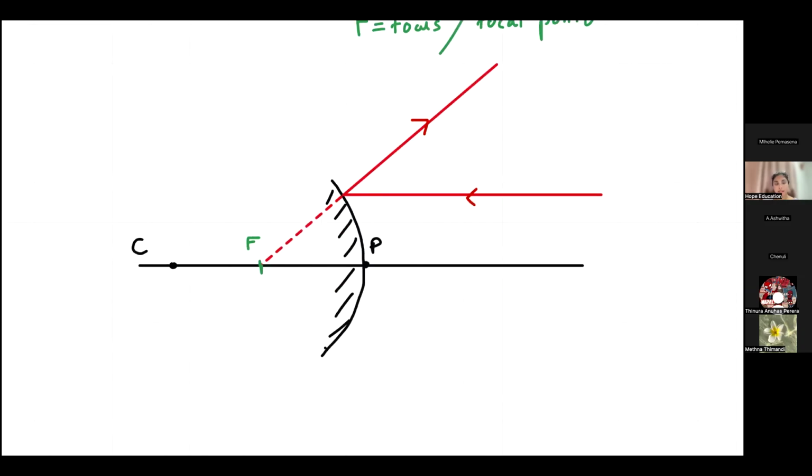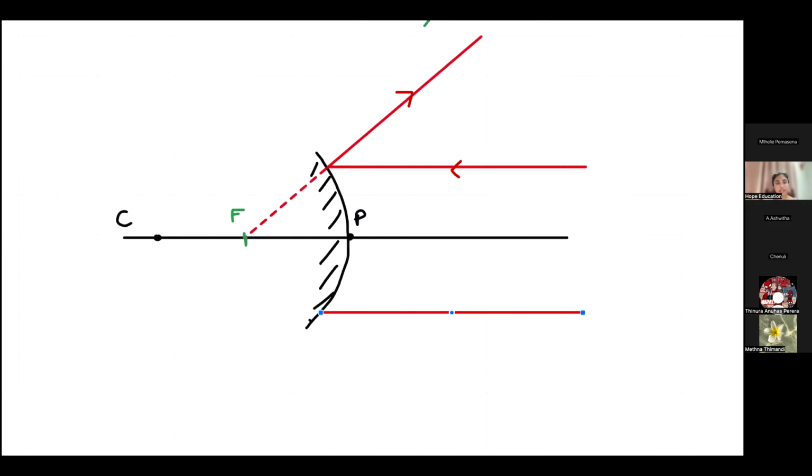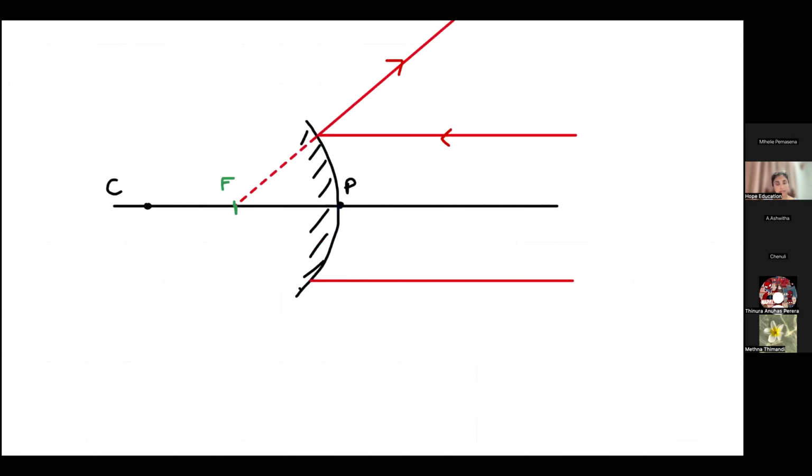Let's send another parallel light ray and see what happens. This light ray will also be reflected like this.